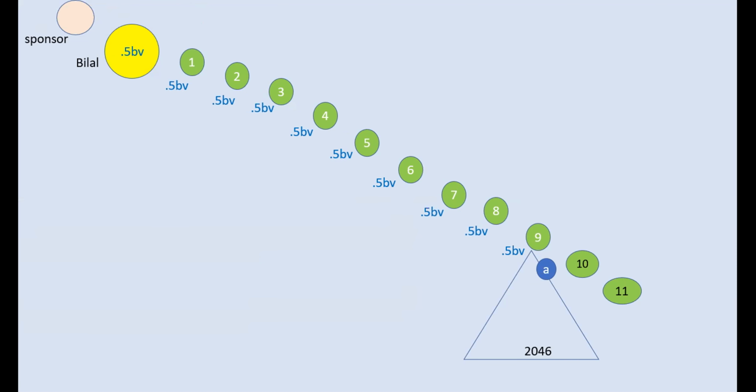That is 10 levels. So he will be sharing 0.5 BV for that 10 BV, from which 50% will be for 1 through 9, and 50%, 0.25 BV, for Bilal and sponsor. Can you comment whether that is true?